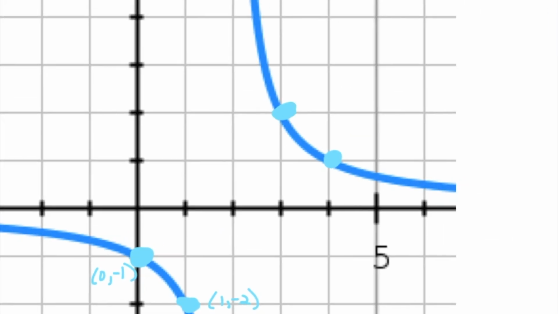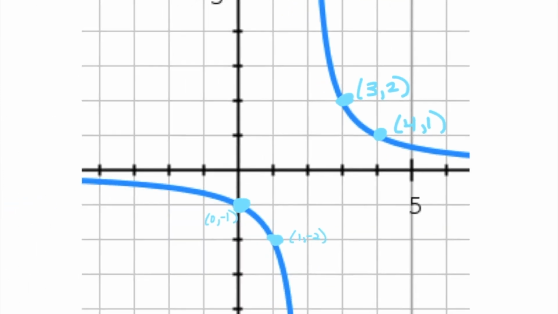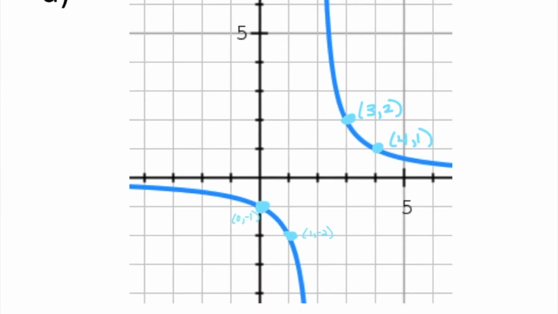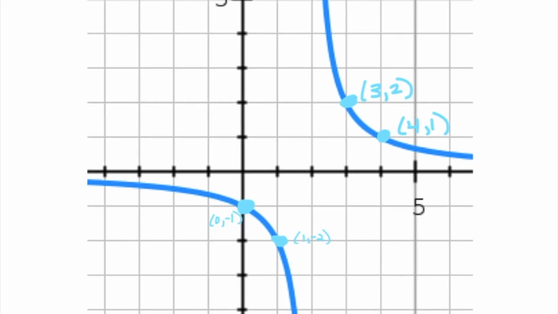And so here I see that I have the point 0, -1, and 1, -2, and I have the point 3, 2 here, and 4, 1 here. And then what I want to do is graph each of these ordered pairs reversed. So I'm going to reverse the x and y. So I'm going to graph -1, 0, -2, 1. I'm going to graph the point 2, 3 and the point 1, 4.